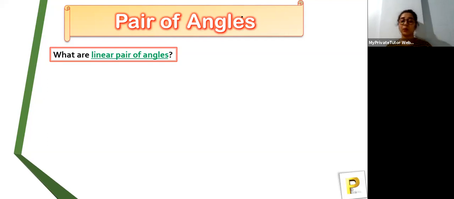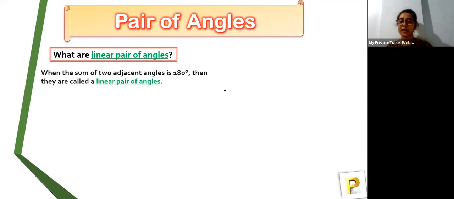So let's see what linear pair of angles are now. When the sum of two adjacent angles is 180 degrees, then they are called a linear pair of angles. Now it can be more than two as well, like you can have three or four as well.